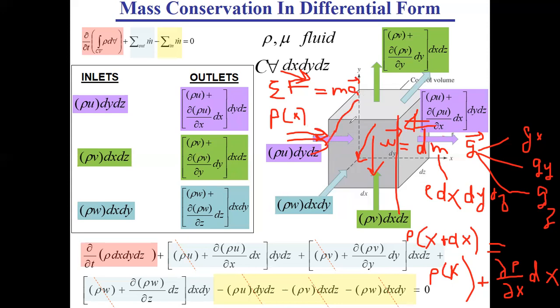So for Px, it's acting on this area, which is equal to dy times dz, so you get Px times dy times dz. While for the other face here, it's the pressure at x plus dx times dy dz. But as we said, in the opposite sense, so it will act in the negative direction.